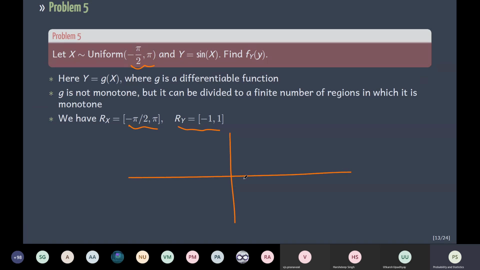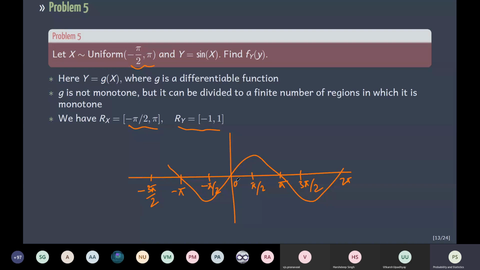Let us say this is pi by 2, this is pi, this is 3 pi by 2, this is 0, this is minus pi by 2, this is minus pi, minus 3 pi by 2. So the sine curve will go like this, and then it comes back, and then it goes like this. Let us say this is 2 pi.